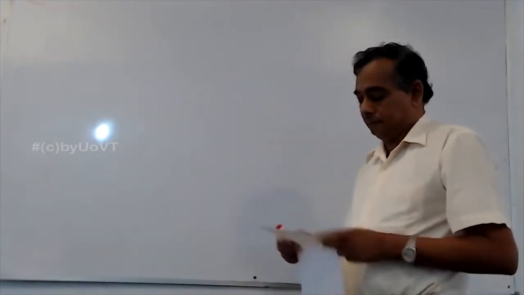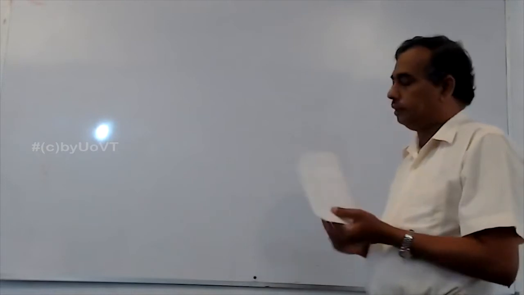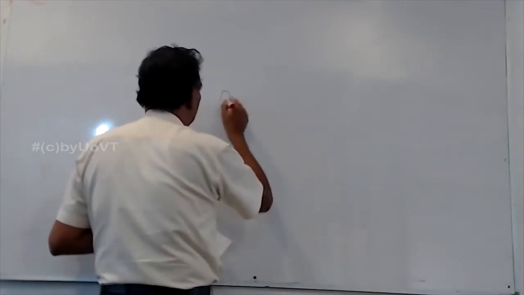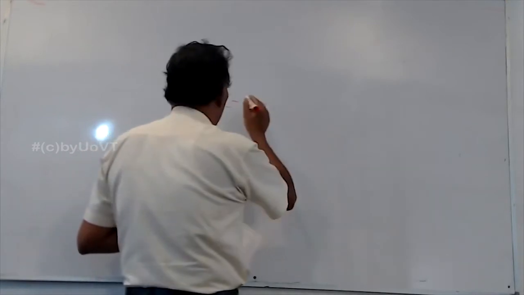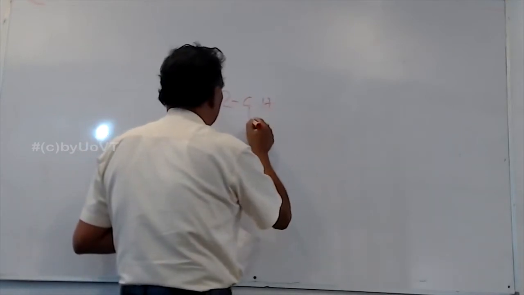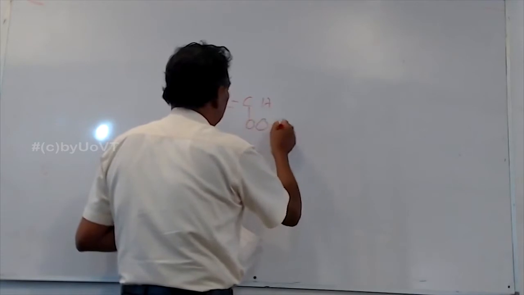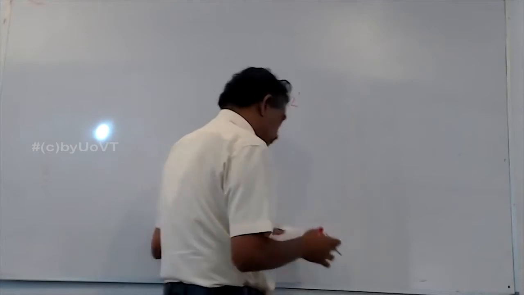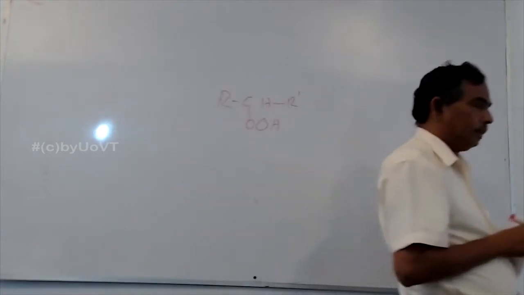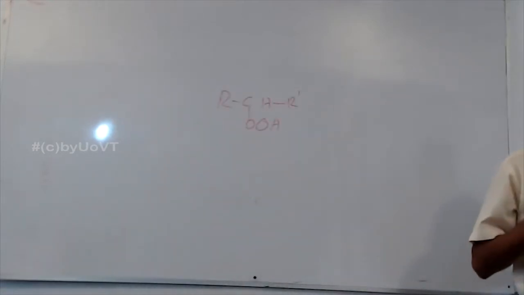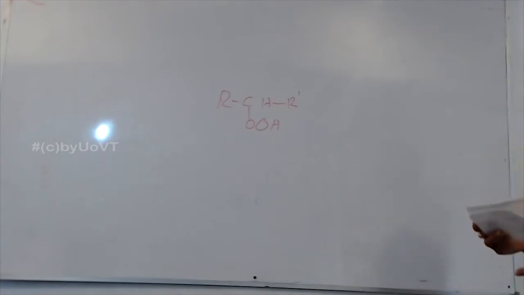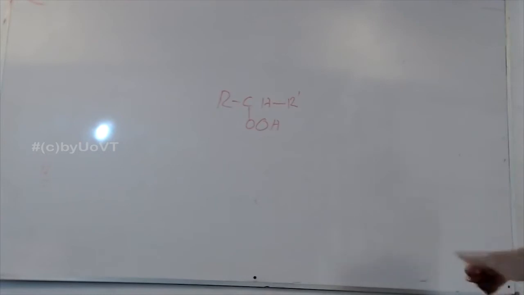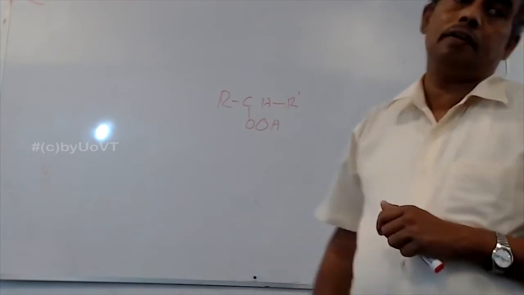If you end with this kind of peroxide compound, RCHOOH, at the end of the oxidation process, then we will see the fate of this compound.